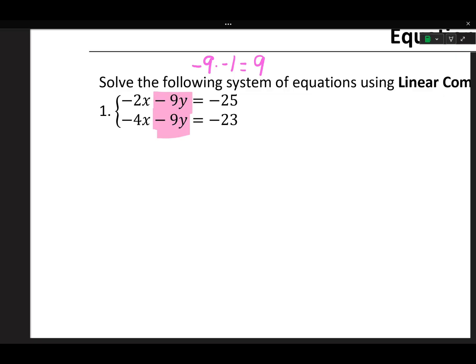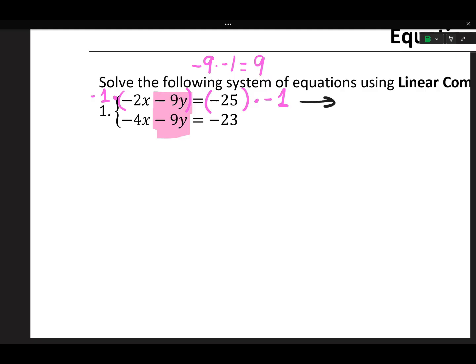So let's make one of those positive. In order to multiply one of the negative 9y's by negative 1, I have to multiply the whole equation. I like to keep it uniform. When I make something negative, I always make the top equation negative. So I'm going to put parentheses around both sides of the equation, and I'm going to write that I'm multiplying by negative 1.